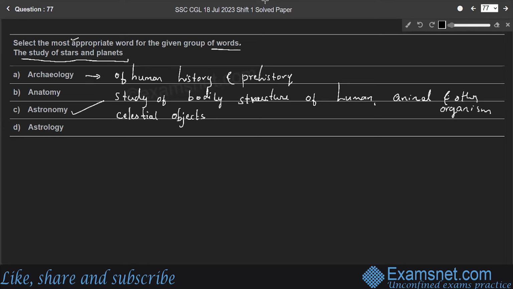Thus, astrology means the study of movements and relative positions of celestial bodies, interpreted as having an influence on human affairs and the natural world, right? So here option C is the right answer.